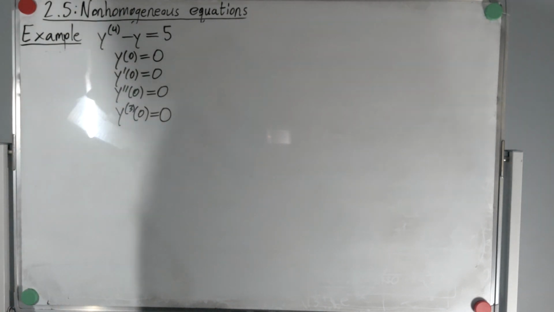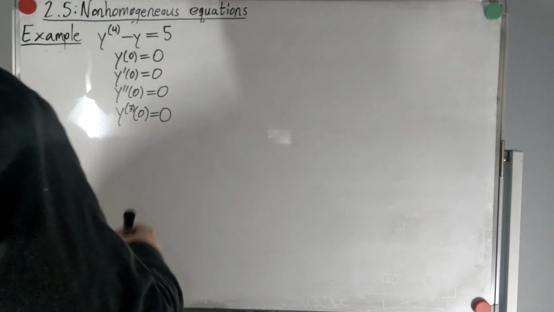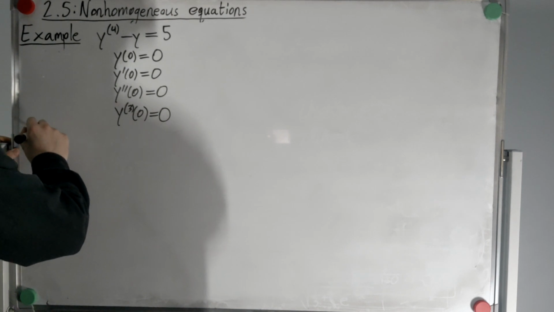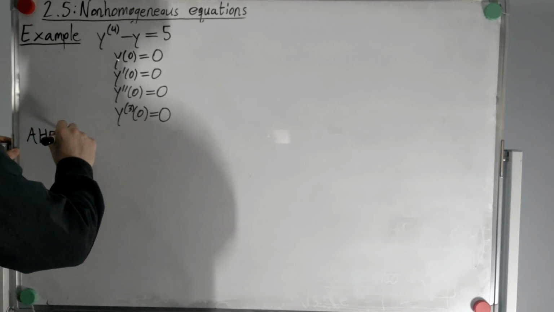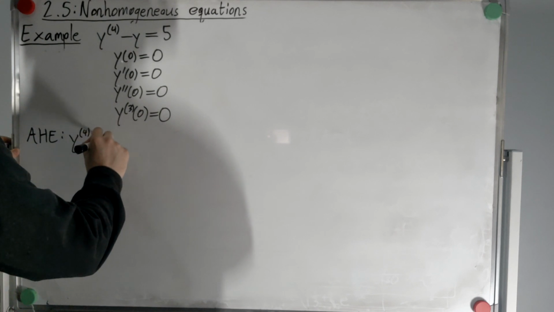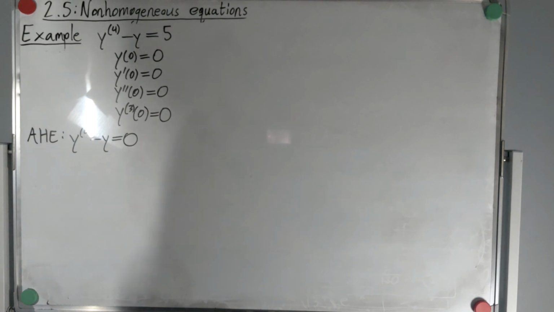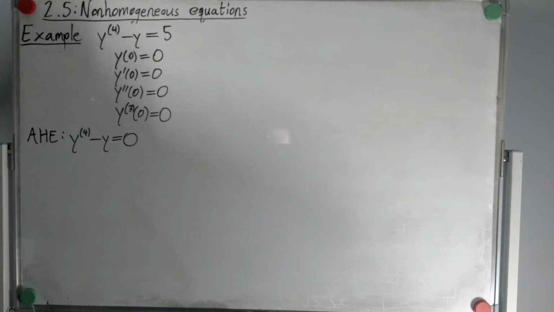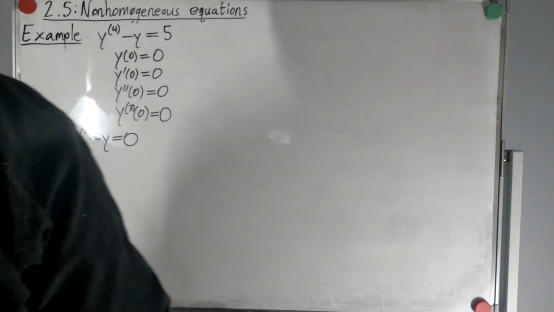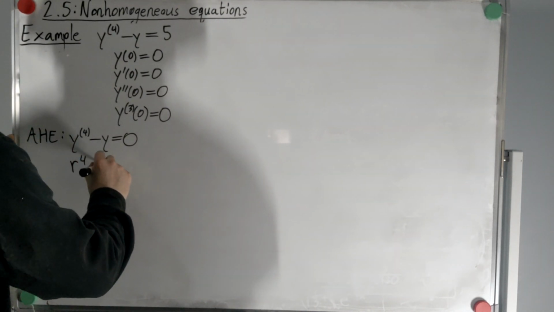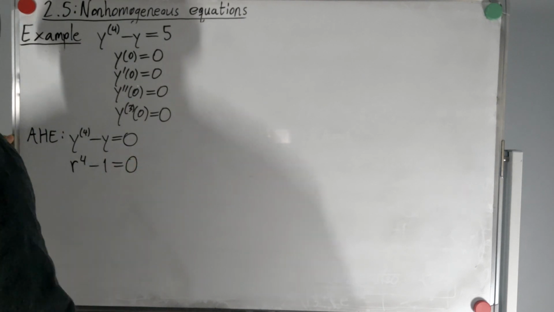Okay, so first thing we have to do is find the associated homogeneous equation, which looks like fourth derivative of y minus y equals 0. Then that gives us the characteristic equation r to the fourth minus 1 equals 0.